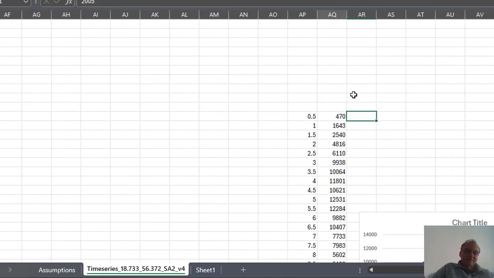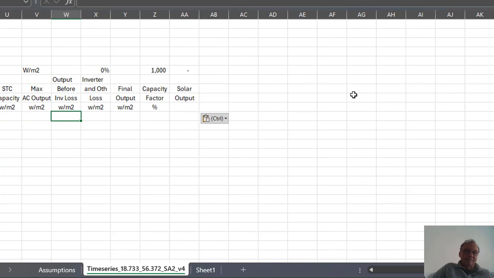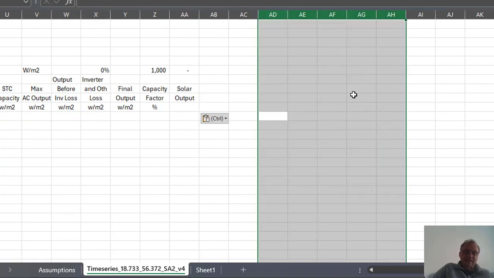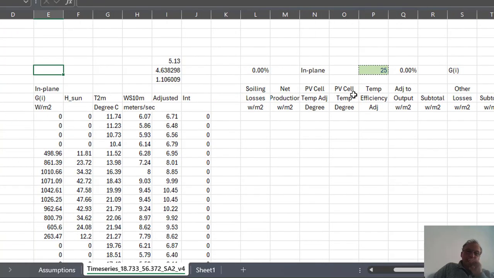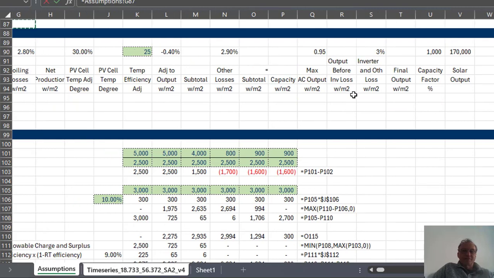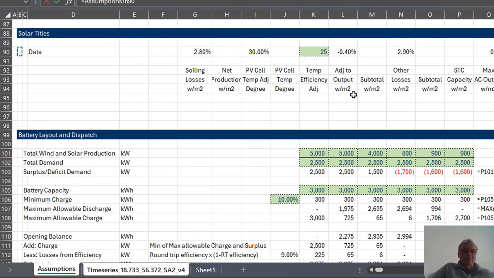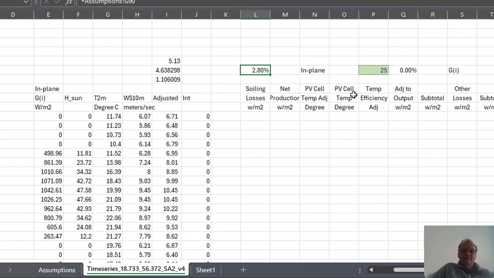I've still got some place to go here. Okay, so we finally have our solar output. These things didn't work when I brought them over. Shoot, okay. I was hoping that they would work, but I think this might work.